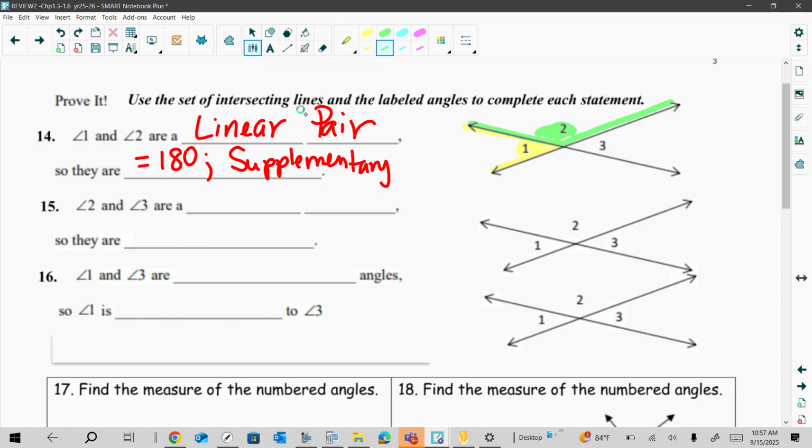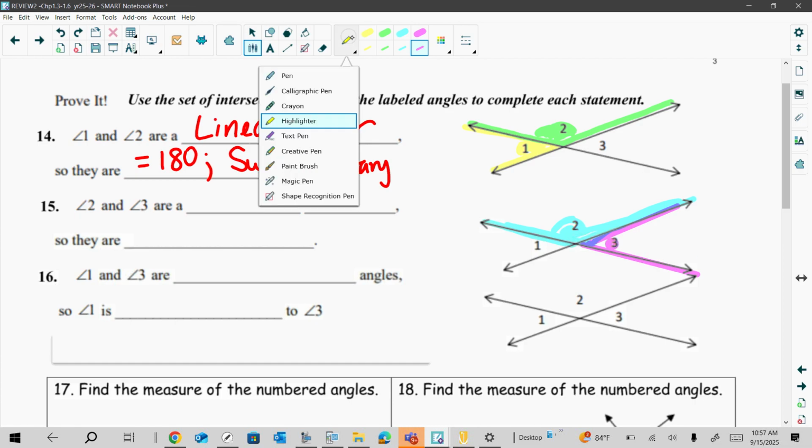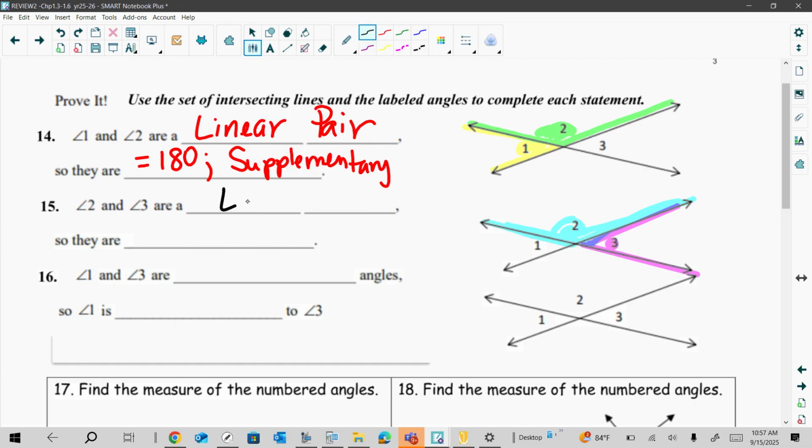So it might help for some of y'all to highlight the angle. So now I'm looking at angle 2 here, and angle 3. They're also what? Linear pair. Yes, they are a linear pair. I'm just going to abbreviate. And yes, they are supplementary. So they equal 180.